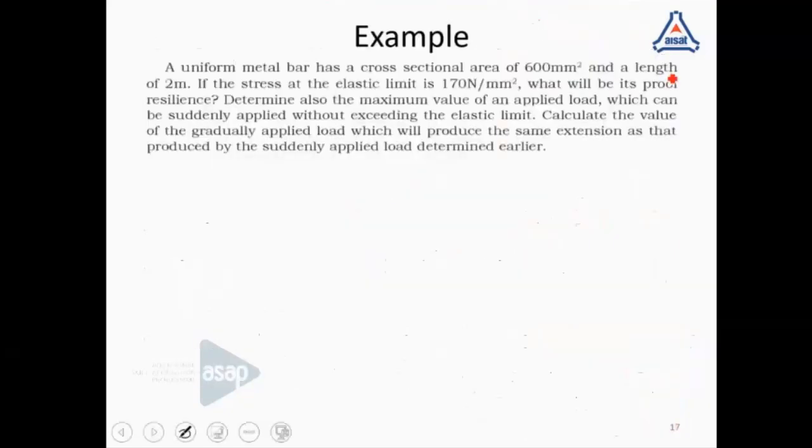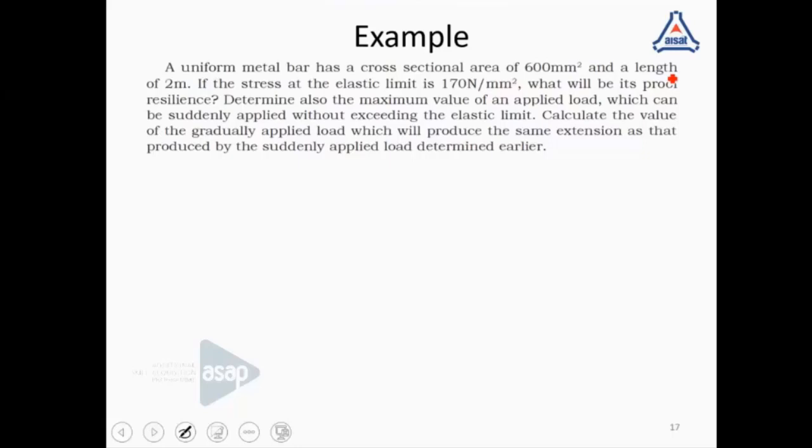Now we can take up an example, a problem. You can read this question. This is a typical problem which can be asked in the examination. The case of a body subjected to normal stress.